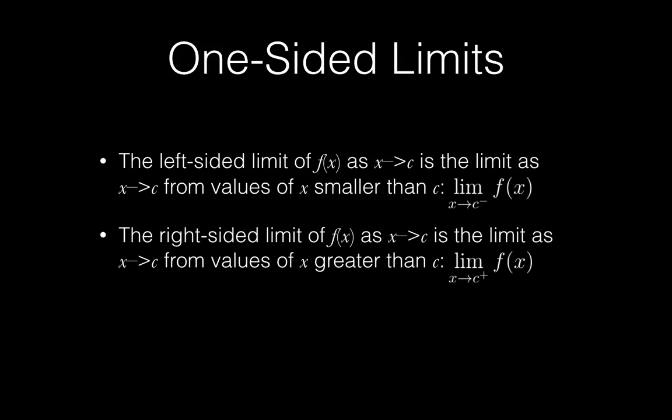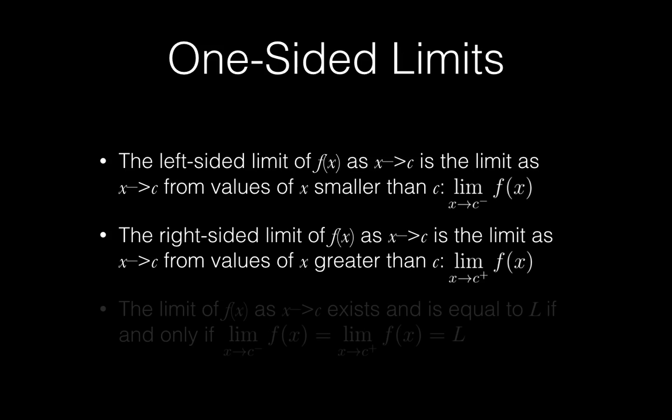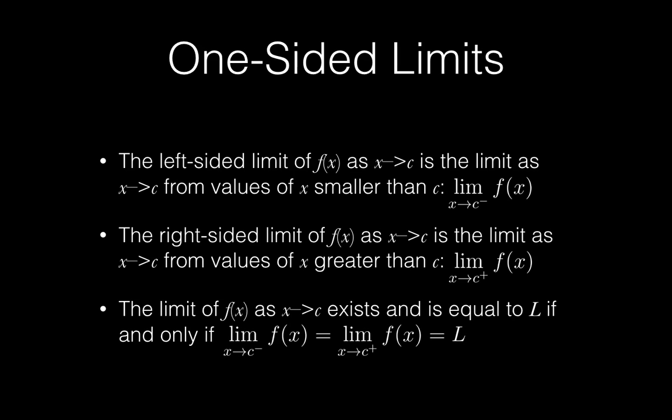The right-sided limit of f of x as x approaches c is the limit as x approaches c from values of x greater than c, which is denoted by putting a superscript of a plus. The limit of f of x as x approaches c exists and is equal to L if and only if the limit as x approaches c from the left is equal to the limit as x approaches c from the right of f of x, which is equal to L.